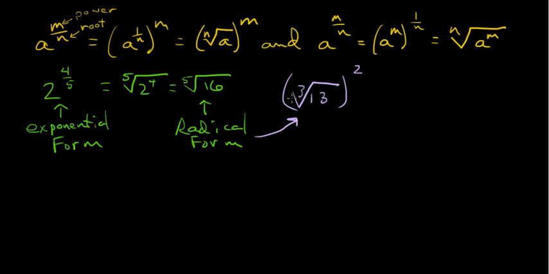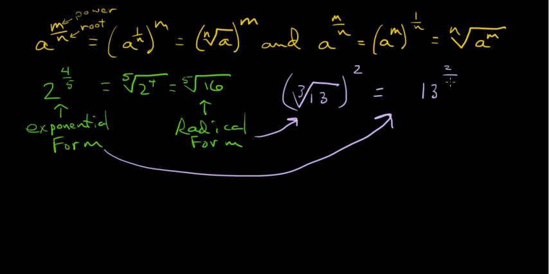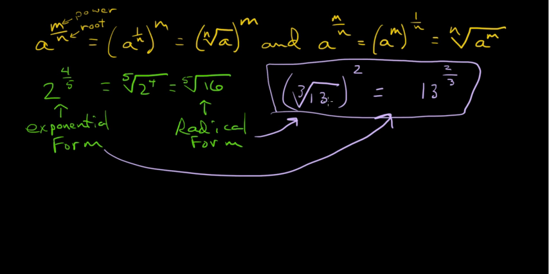Now this is also in radical form because I got a radical there. So I want to change it to exponential form. And so I just write it 13. The 2 is on top because that's my power. 3 is on the bottom because that's my root. So these two are equal to each other.